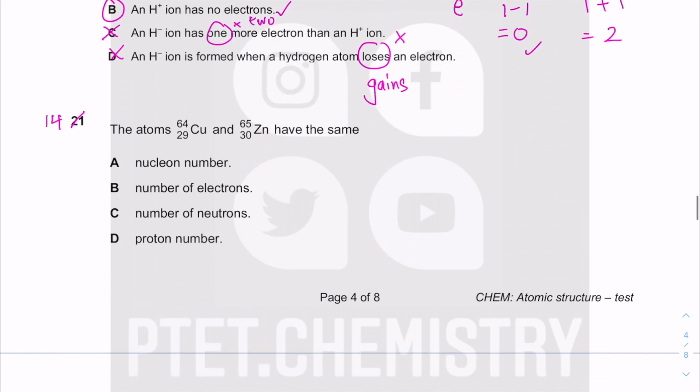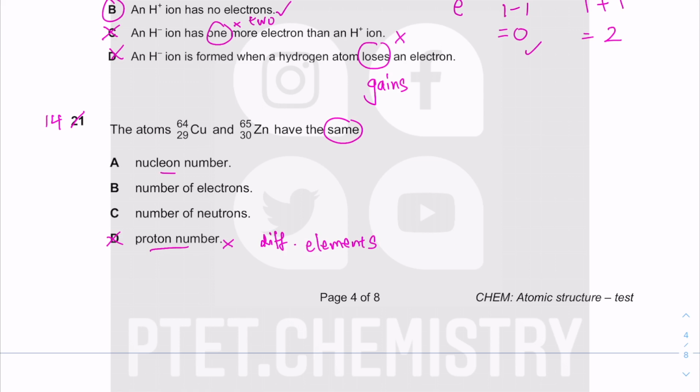Question 14. So these are atoms of copper 64, that's how we pronounce it, copper 64 and zinc 65. These are different elements. If they have different elements, they cannot have the same proton number, because different elements mean different proton number.